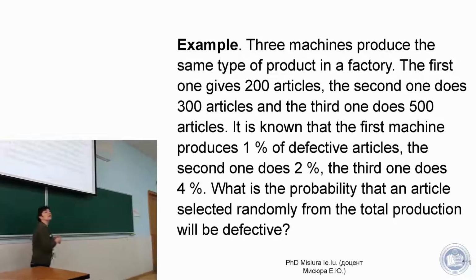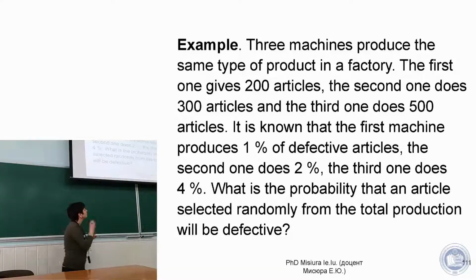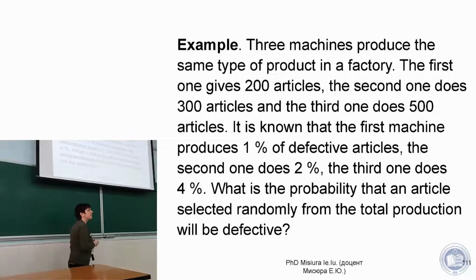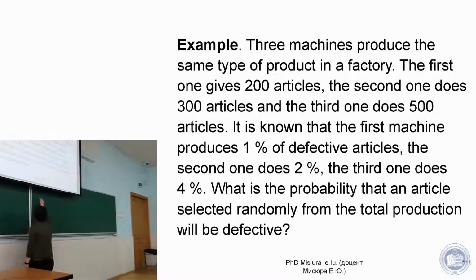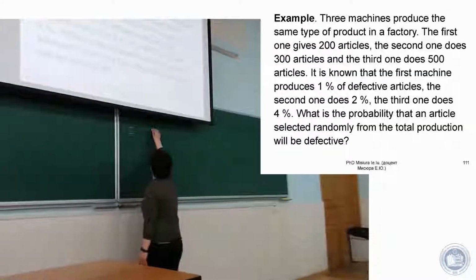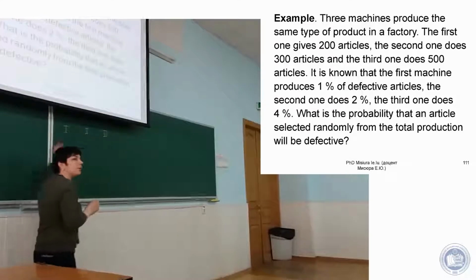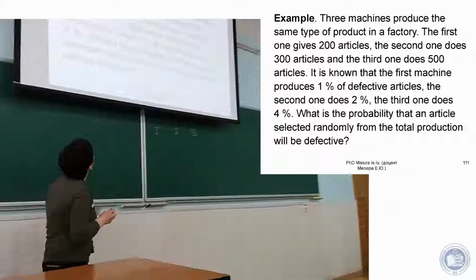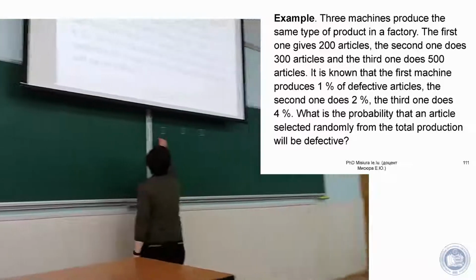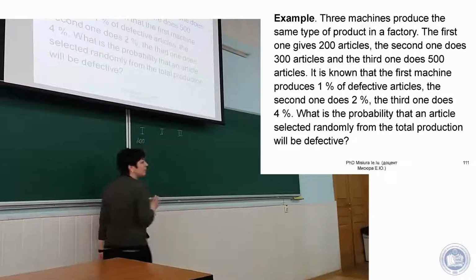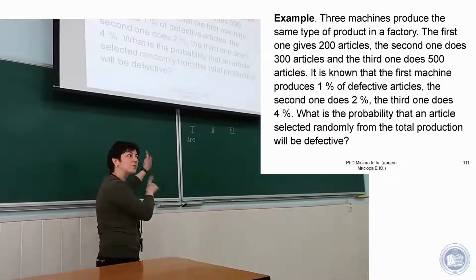We have three machines. Three machines produce articles or identical goods: first, second, third. The first machine gives 200 articles. It's a solving of the previous lecture.